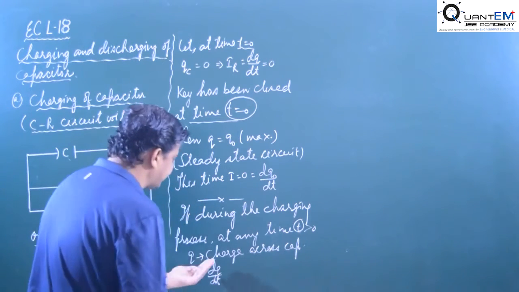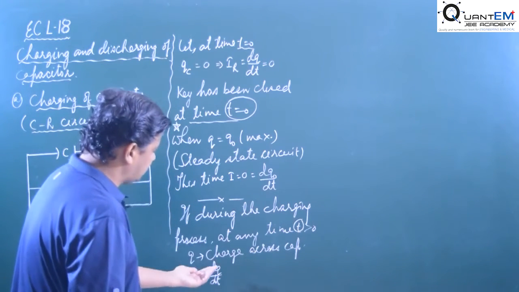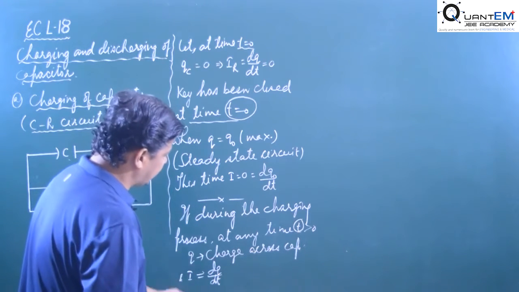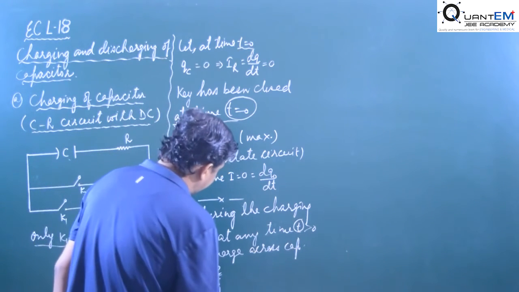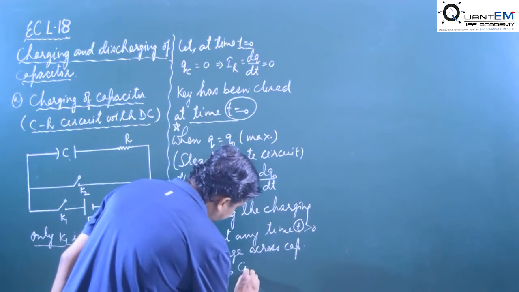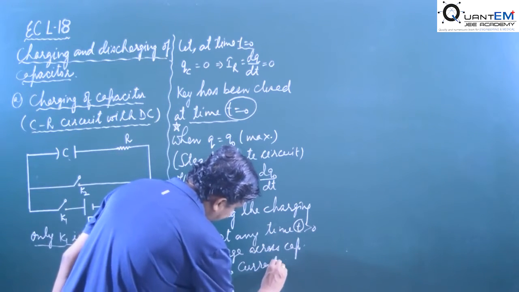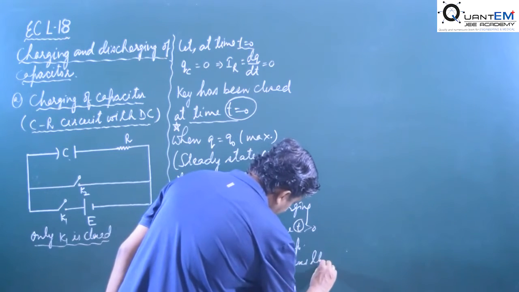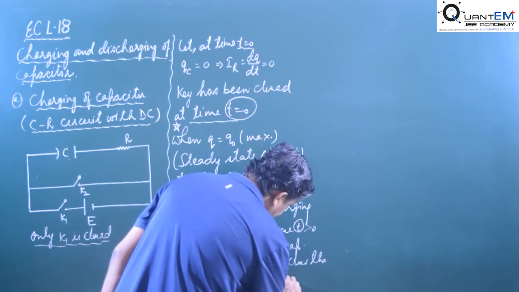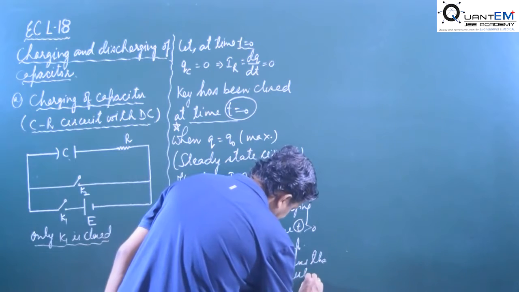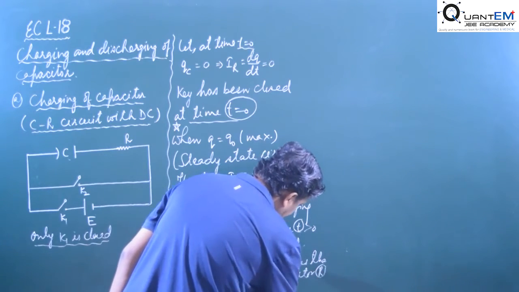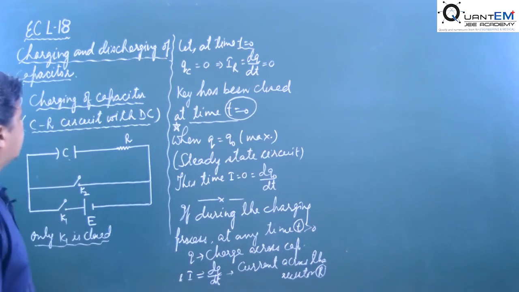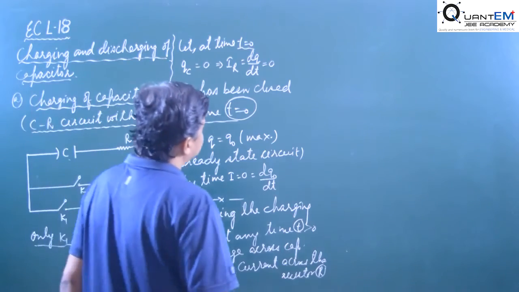If charge is increasing, then current is also changing. I is equal to dq by dt, that is the current across the resistance R. Now we come to the calculation.